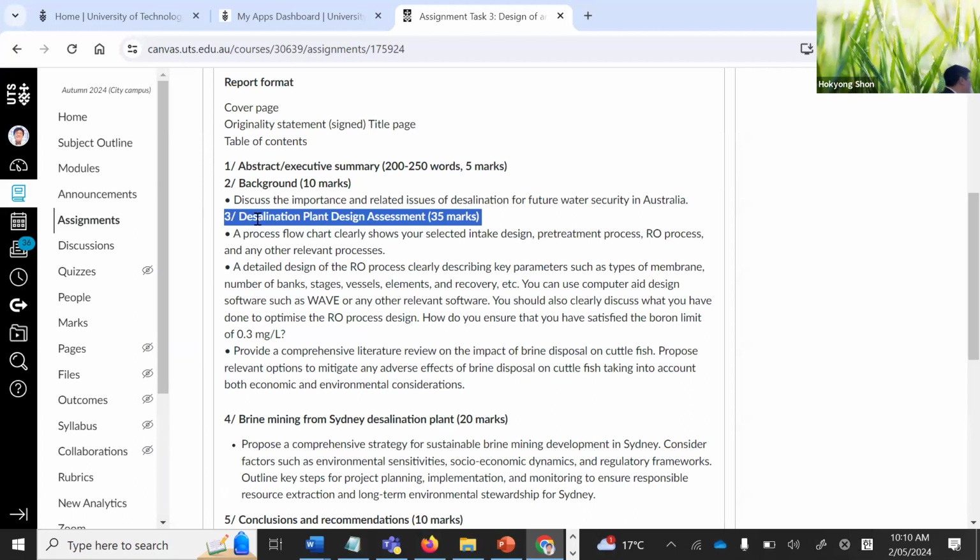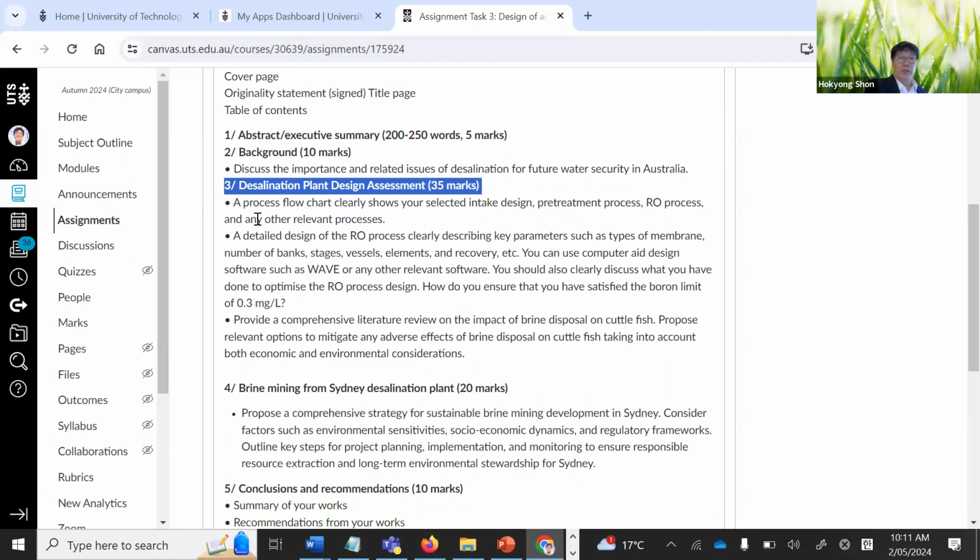And the last one: propose a comprehensive strategy for sustainable brine mining development in Sydney. Consider factors such as environmental sensitivities, socio-economic dynamics, and regulatory frameworks, and outline the key steps for project planning, implementation, and monitoring to ensure responsible resource extraction and long-term environmental stewardship for Sydney.